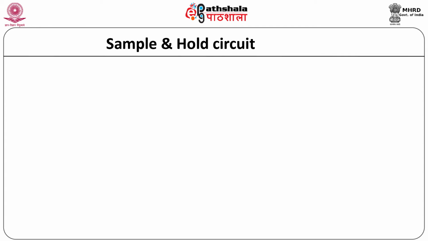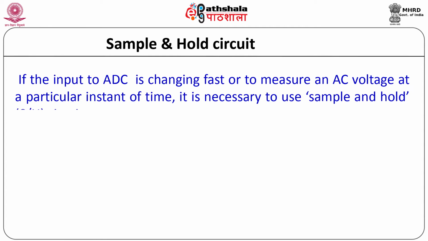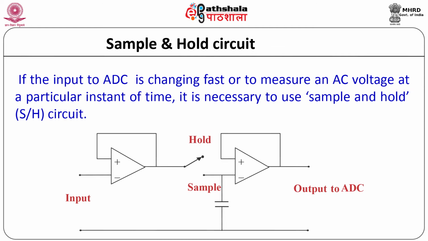If the signal is fast changing, we require a steady signal at the input of the analog to digital converter. This is obtained by a circuit known as a sample and hold circuit. A sample and hold circuit is an analog device that samples the voltage of a continuously varying analog signal and holds its value at a constant level for a specified minimum period of time.